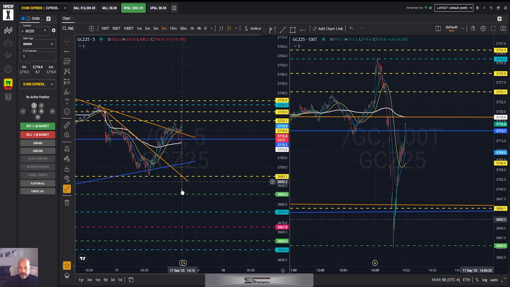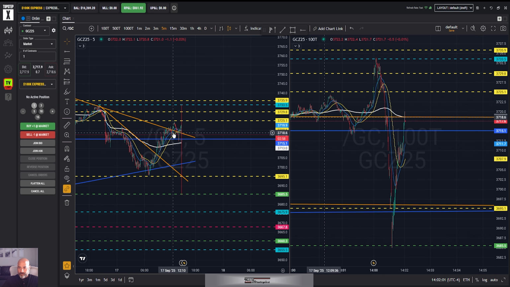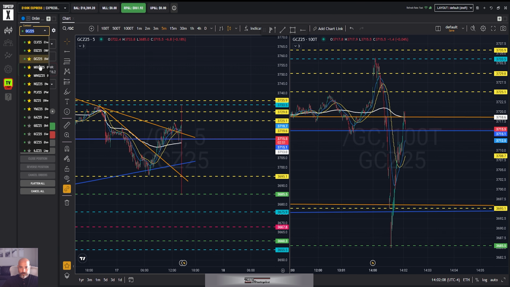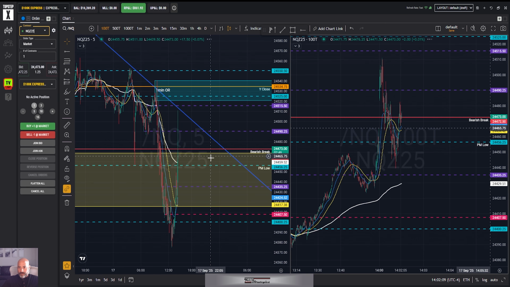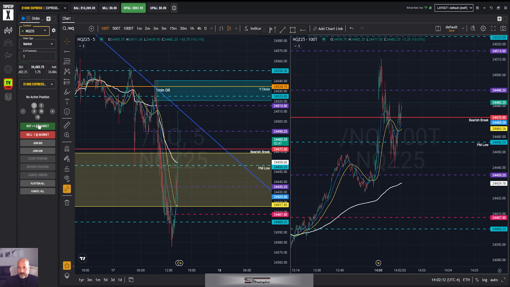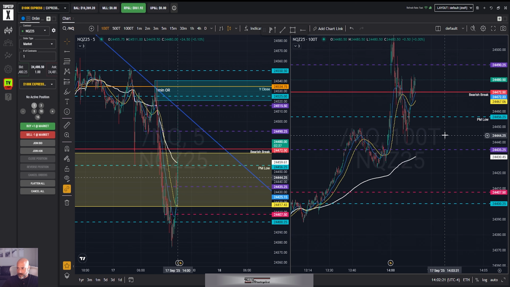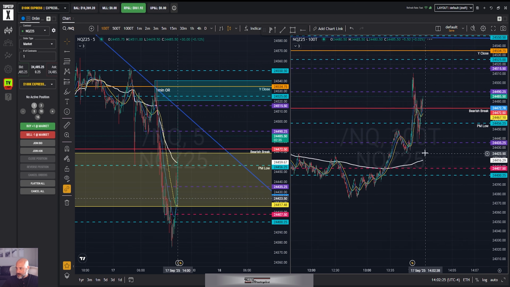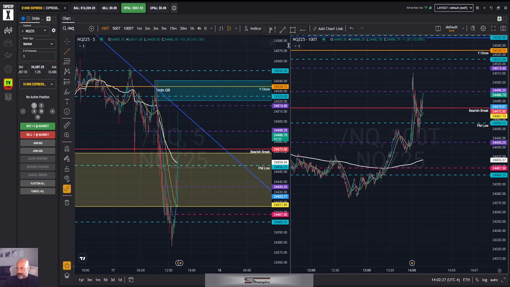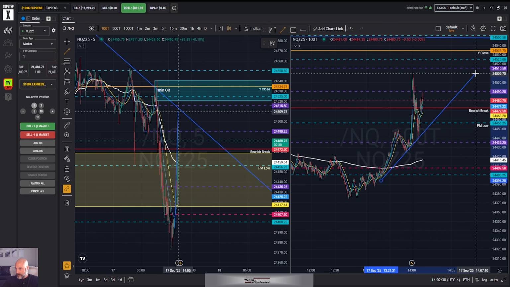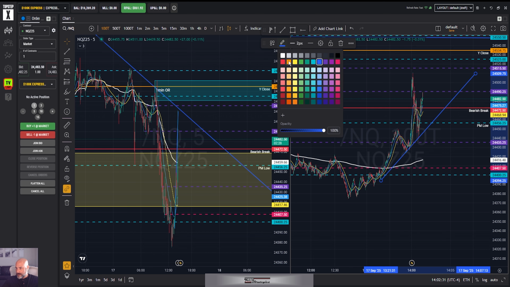Those could be closing long positions. We're above the bearish break. I don't know if we're going to keep it. I'm going to draw my first trend line from the session, see if we maintain it or break it.